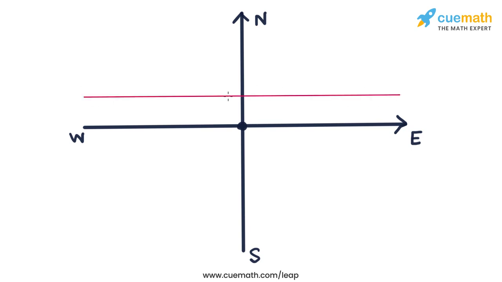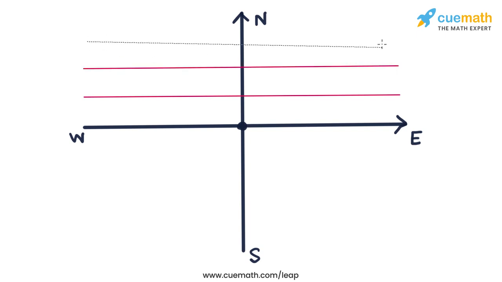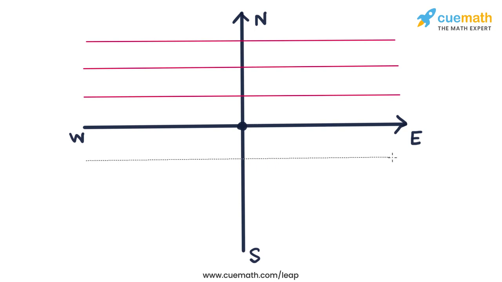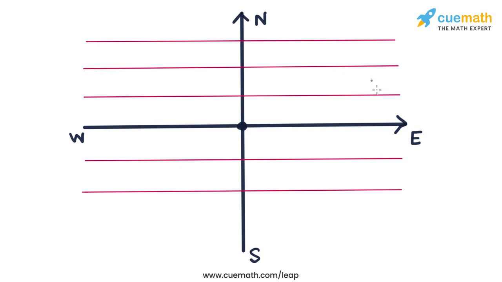Let's take this as one street, and this as another street, this as our third street, and we are told that there are about 5 streets in each direction. So we'll take one here and then we'll take one here. These are the 5 streets parallel to the east-west road, and each of these is 200 meters apart.